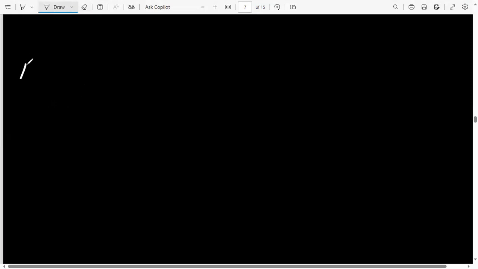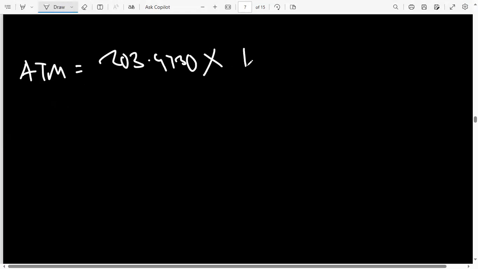So we're going to say average atomic mass is equal to. The first mass that we had there had a 1.4%. So we're going to say 203.9730 multiplied by 1.4. We know that percentages are always over 100.